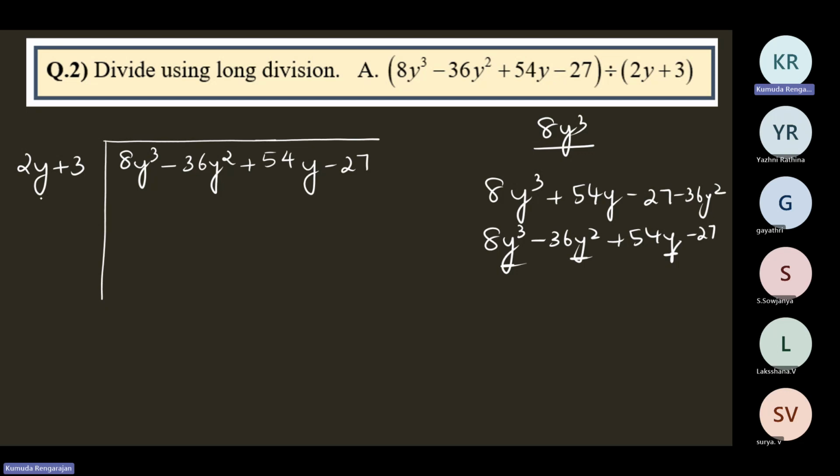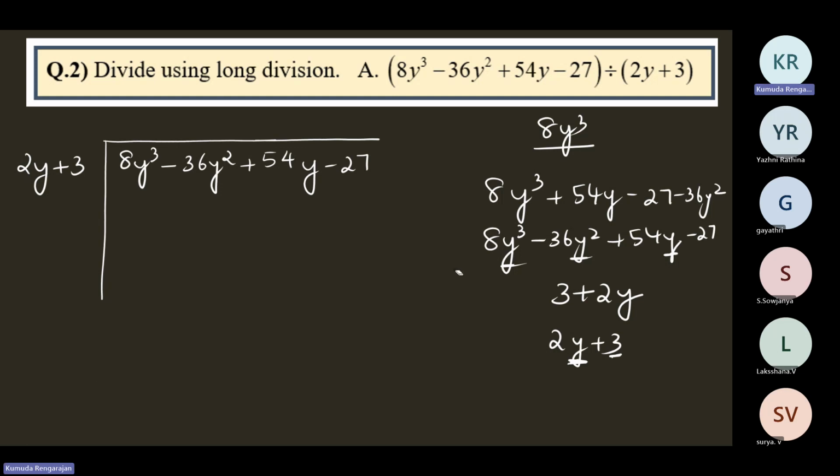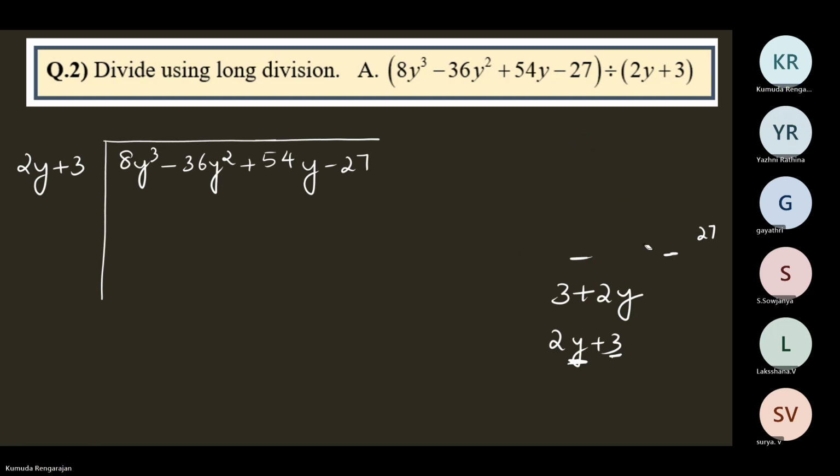And in the divisor, 2y plus 3. If the divisor was given as 3 plus 2y, you need to write it as 2y plus 3: the y term and then the constant. In both the dividend and the divisor, make sure that the terms are arranged in the descending order.